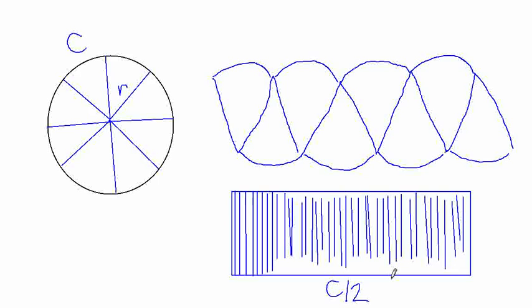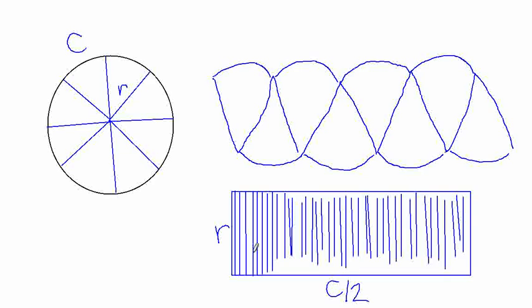Now what is the short side length of that rectangle? Can you see that as the pizza-shaped slices get smaller and smaller, the length of the short side of the rectangle is getting closer and closer to r, the radius of the circle?